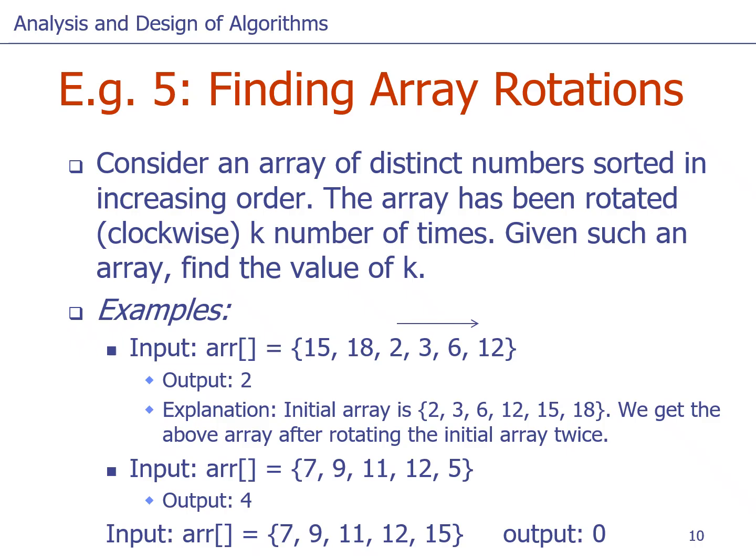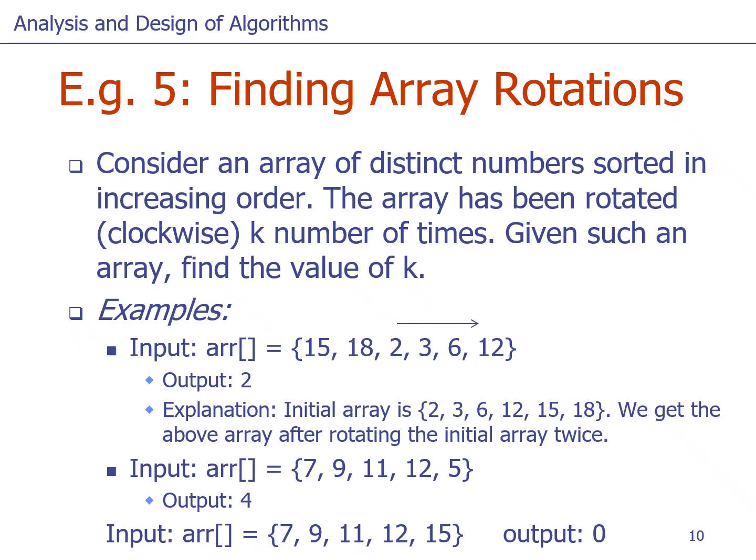So the question is, design a divide and conquer algorithm that calculates the k, that finds the k. If you look at the example down below, it says 7, 9, 11, 12, 5. The initial input was 5, 7, 9, 11, 12. That's the number sorted. Now, to get this array we're looking at, 7, 9, 11, 12, 5, we must have made 4 rotations.